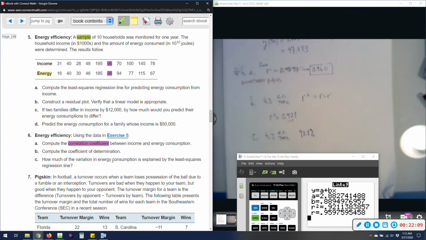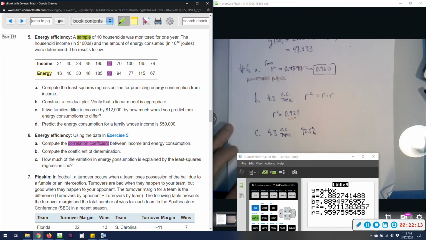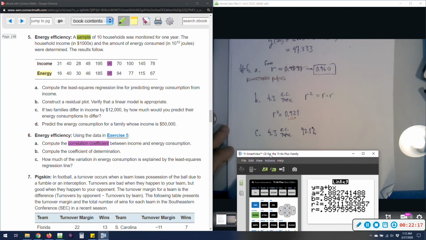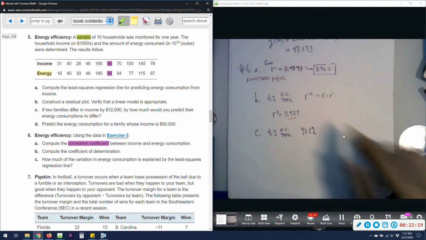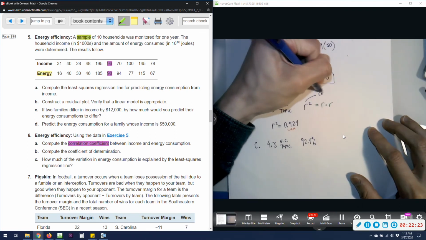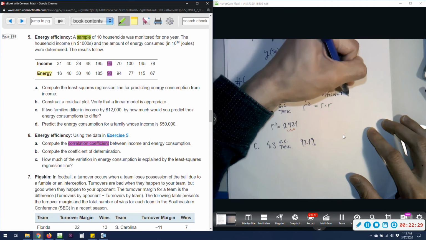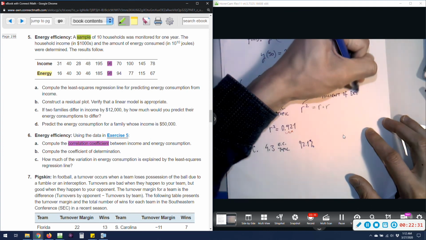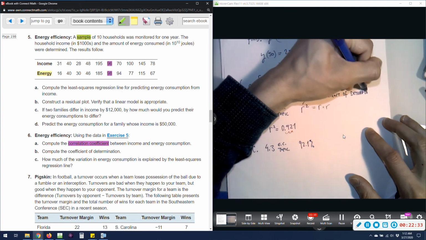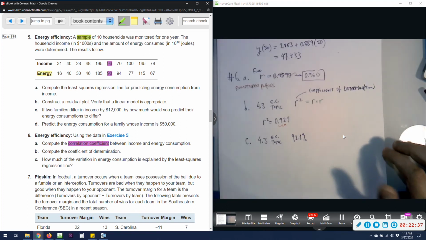So that's something 4.3 is all about. Let me move this out of the way. This quantity here, r squared, is called the coefficient of determination.